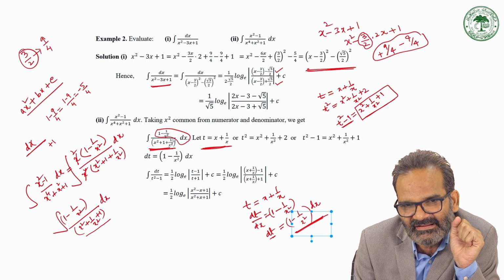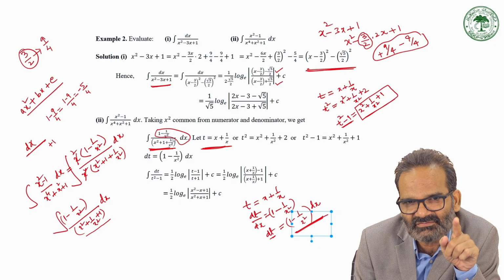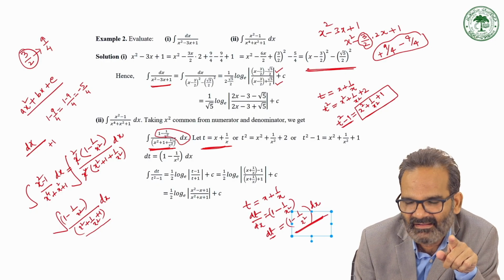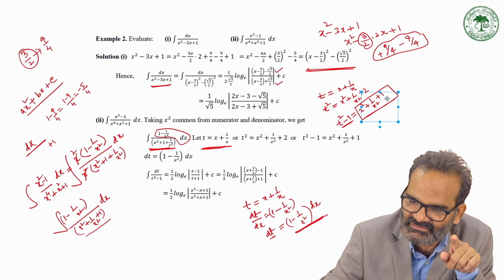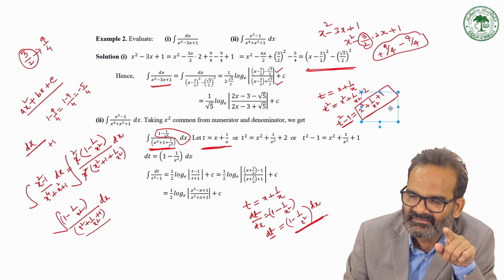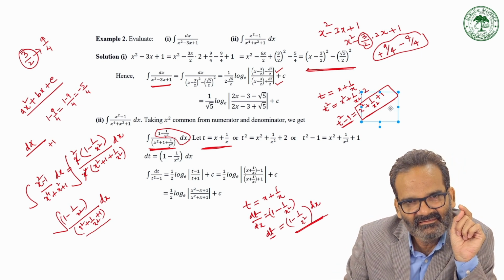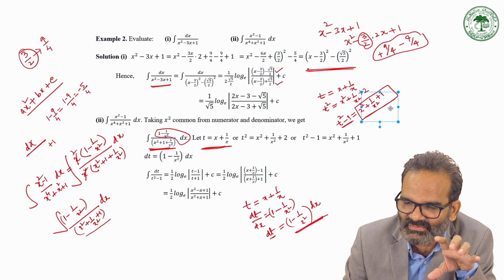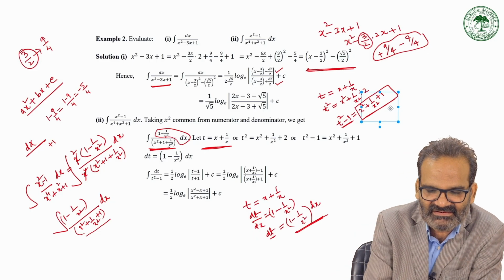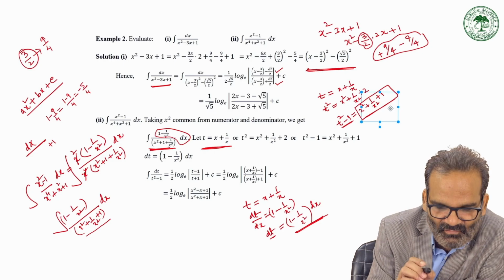And what do we have in the denominator? In the denominator, we have x square plus 1 upon x square. And you know the value of x square plus 1 upon x square is t square minus 1, right? So in place of x square plus 1 upon x square plus 1, we can write t square minus 1. So what do we get?